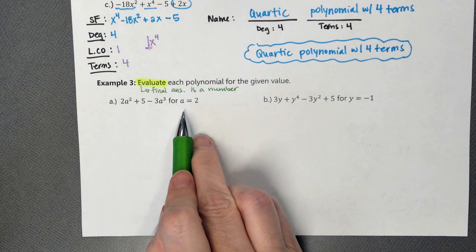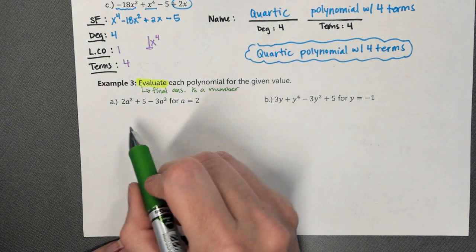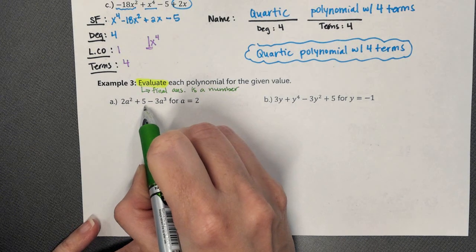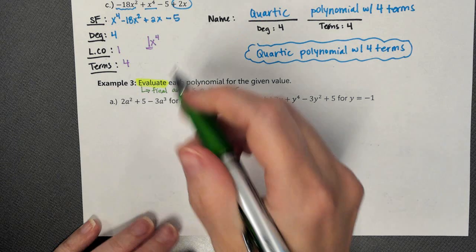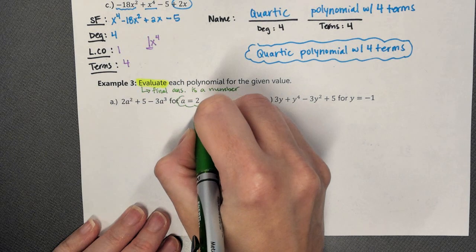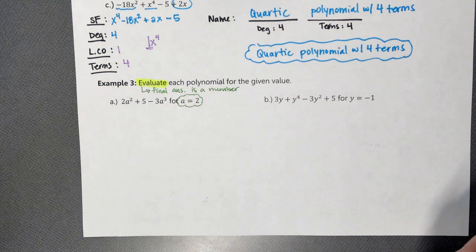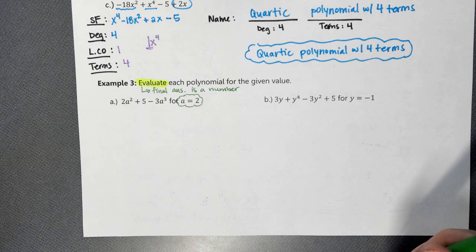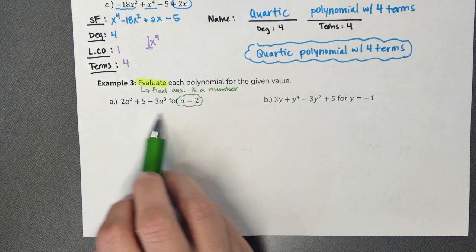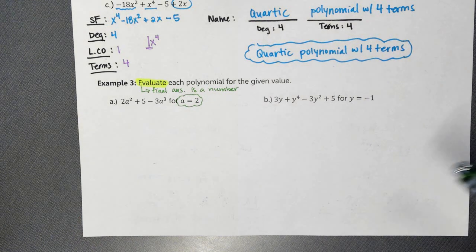Okay, so you have to plug in. It says 2a squared plus 5 minus 3a cubed for a is equal to 2. Whenever you plug something in, we're going to plug it in with parentheses. You don't have to write this in standard form. We can just plug this in.